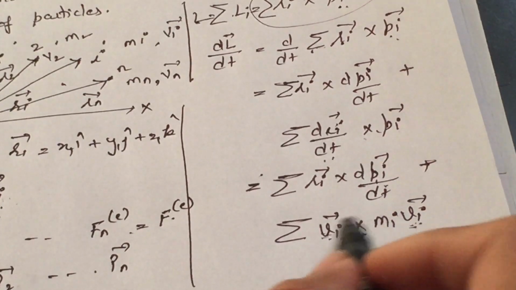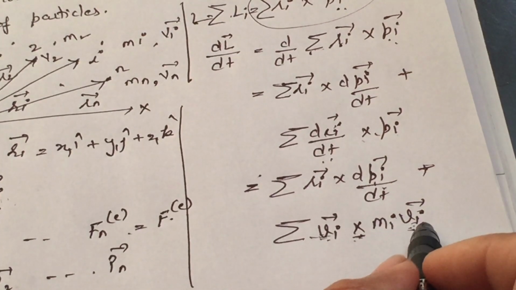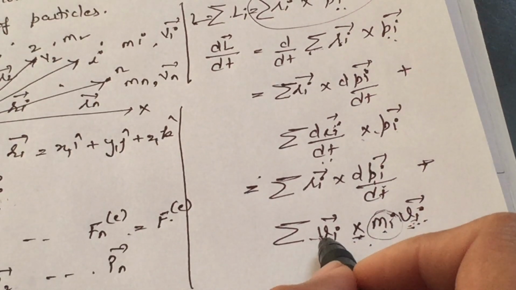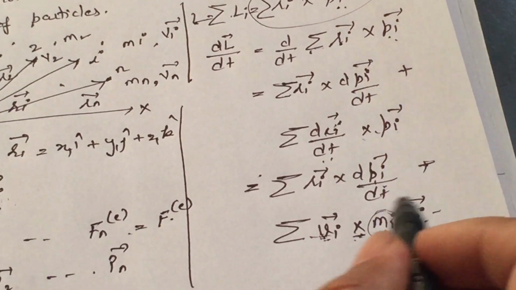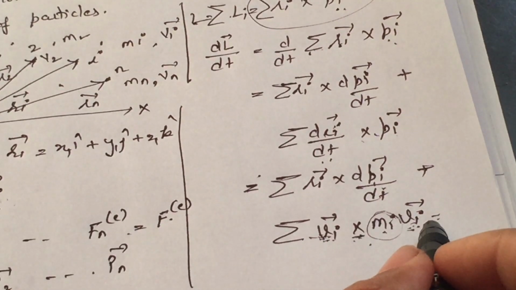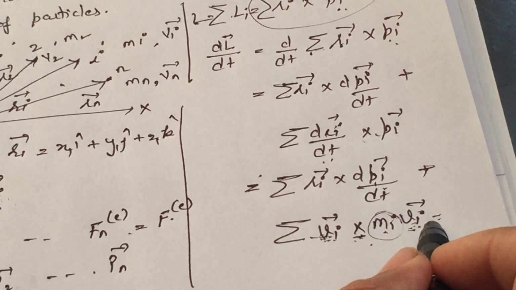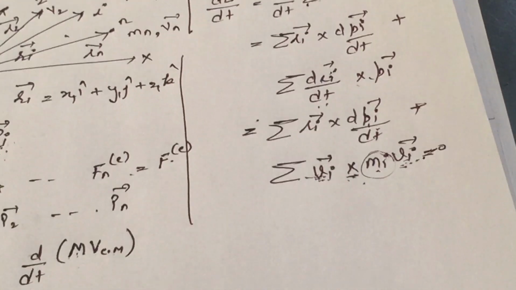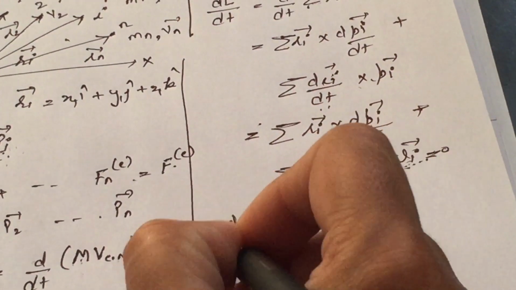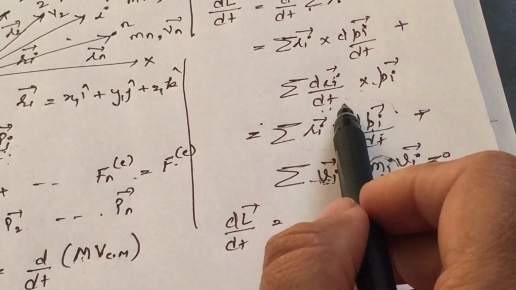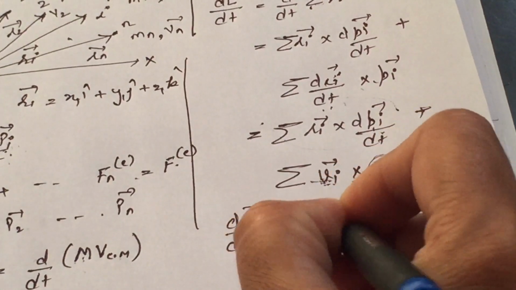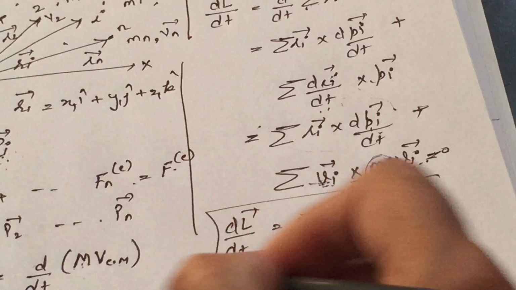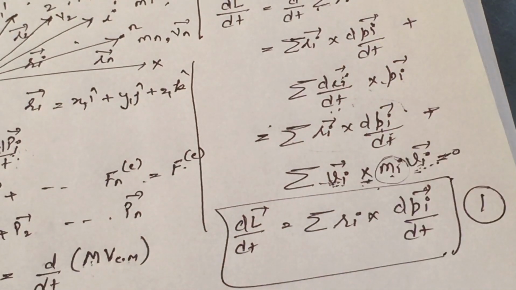If these two terms are in cross product, both are vector quantities, but mi is not a vector quantity, it is a scalar. It means we have vi cross vi, and we know that if similar vectors undergo a cross product, we get 0 because the angle between them is 0. This term becomes 0, and we get dL upon dt equal to only this term, ri cross dpi upon dt, and let us consider this as equation number 1.